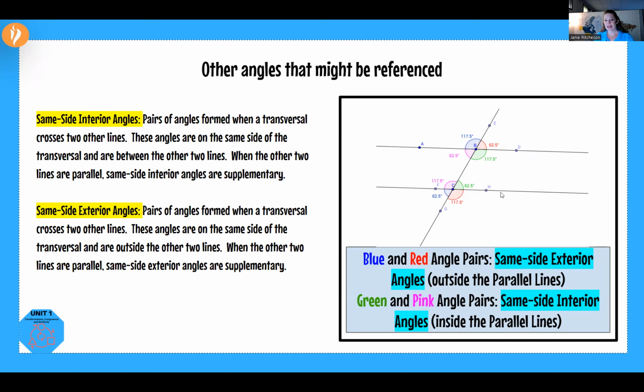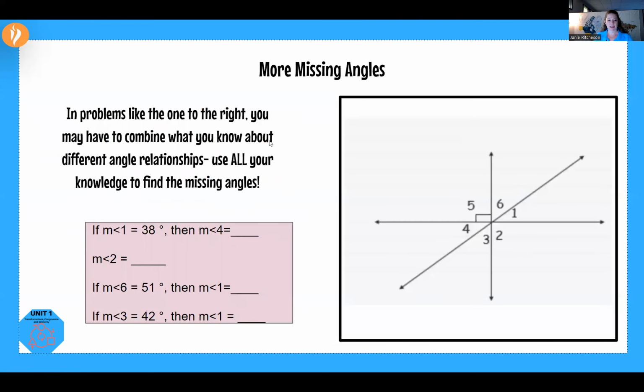So we have the red ones are same side exterior angles. If you add 117.5 plus 62.5, you'll get 180. We have our blue ones are same side exterior, and our pink angles are same side interior angles. Always supplementary.